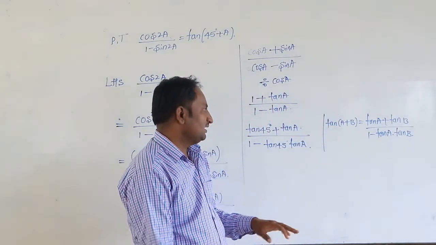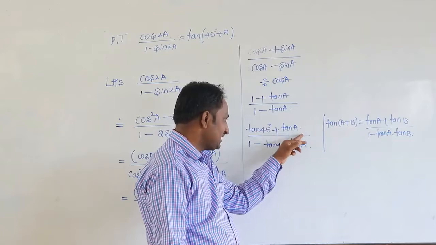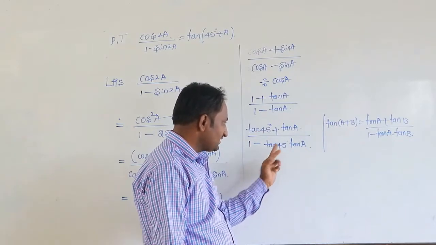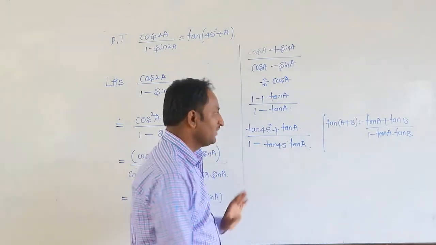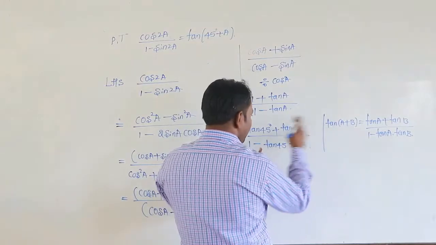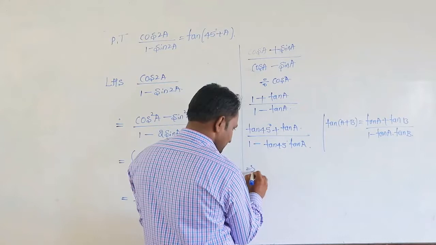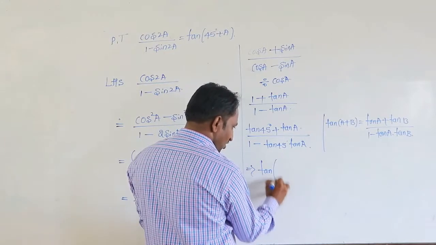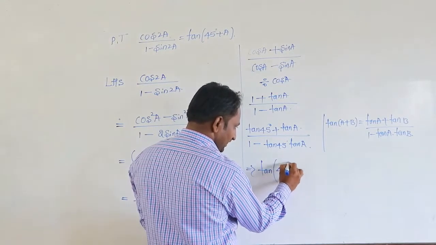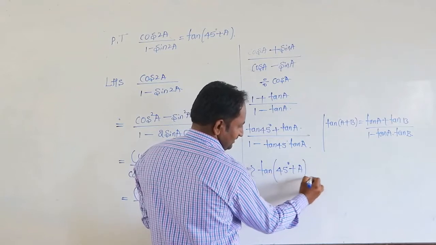In place of A, 45 degrees is there; in place of B, A is there. That implies the result is tan of (45 degrees plus A).